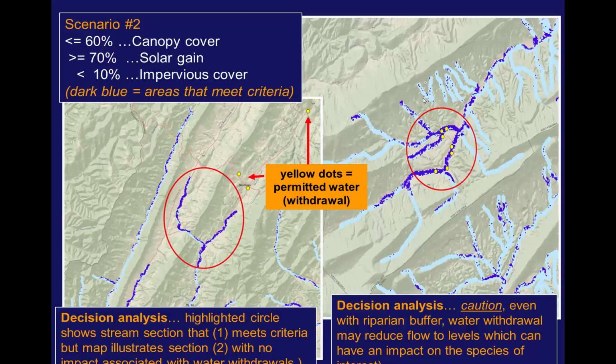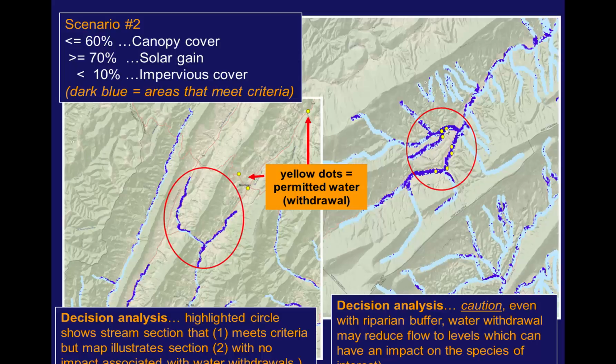However, the map on the right shows significant areas which did meet the criteria established using the riparian tool, but there are significant potential water withdrawal impacts here. You see you have 7 permitted water withdrawals in this small stream area.